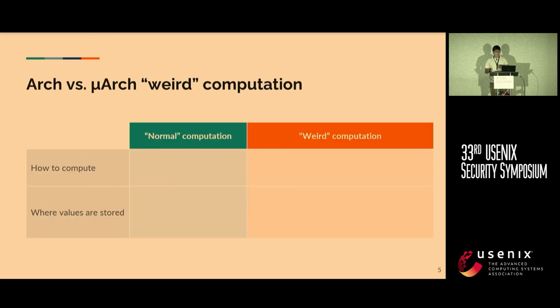So now, let's compare the differences between normal and weird computations. Weird computation takes place inside the microarchitectural world. So instead of using ISA instructions for computation, we now need to use weird gates to compute with the microarchitectural states. These weird gates are built from the memory operations that happen during transient execution, and transient execution occurs when instructions are executed but never committed, and they are ultimately squashed by the processor.